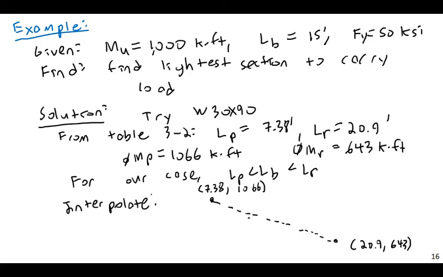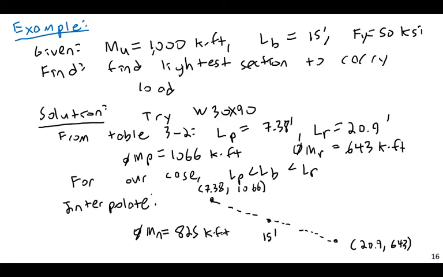And then I'm concerned with a brace length of 15 feet. So you can just use linear interpolation to find this, and when you do, you will find that phi Mn, in our case here, is 825 kip feet.